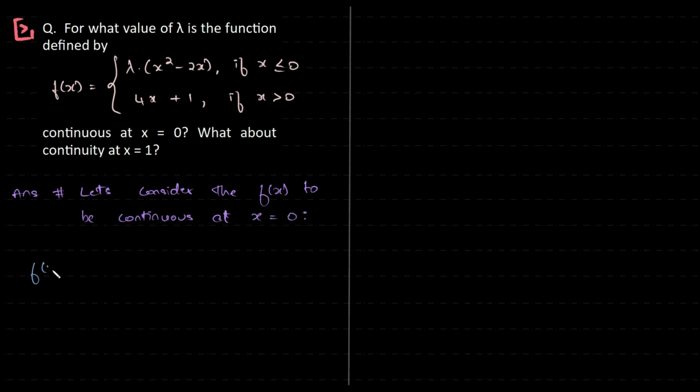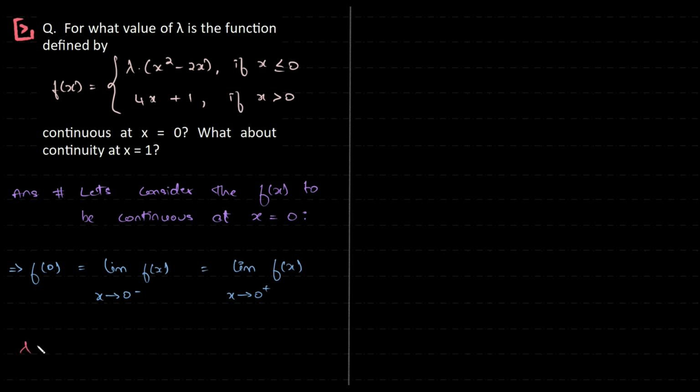From this I can infer that f of 0 will be equal to the limit of f of x as x tends towards 0 from the left hand side, and the limit of f of x as x tends towards 0 from the right.